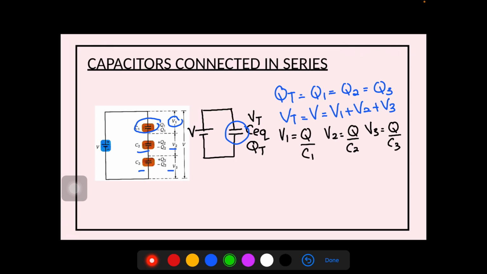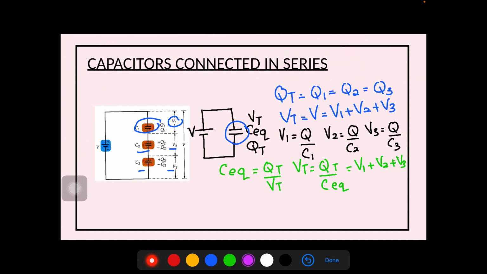We know that C equivalent will be equal to Q total over V total, where V total is equal to QT over CEQ. So this VT equals QT over CEQ, or equals V1 plus V2 plus V3.